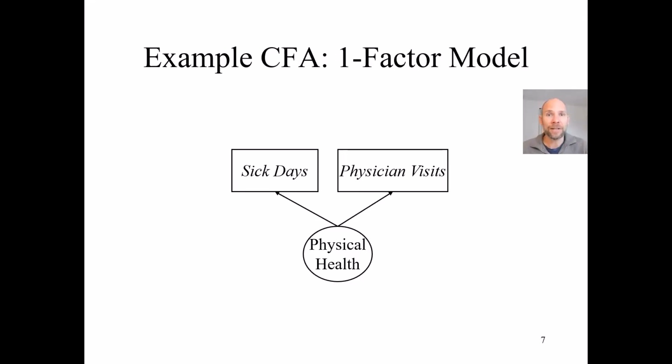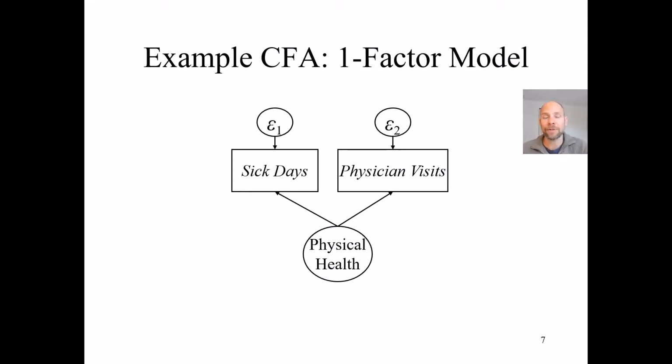But in addition to that, we also see some random error variance. So some of the differences that we see in the number of sick days in our data are simply due to random measurement error because people don't recall how many days they were sick, really. And so they estimate, they guess, and so therefore there will be some error involved. And so some of the individual differences on those measures are simply reflecting measurement error variance. So we have to take that into account.